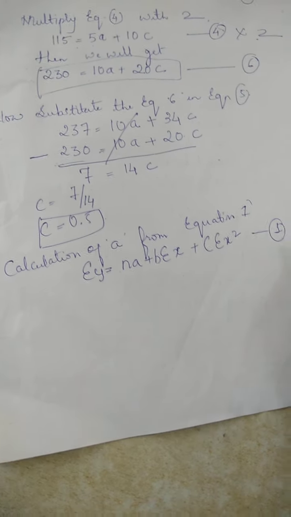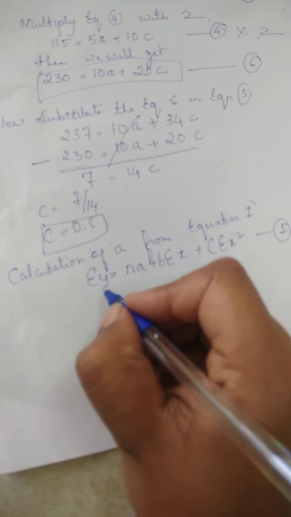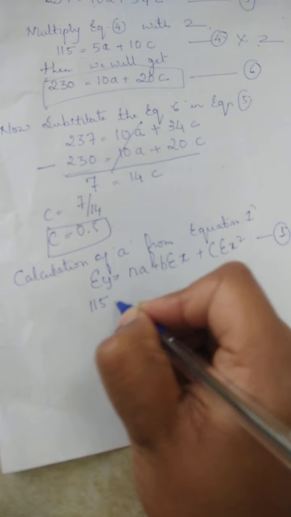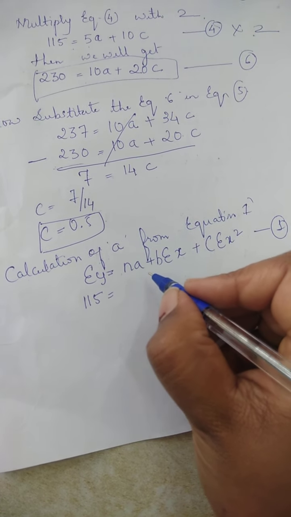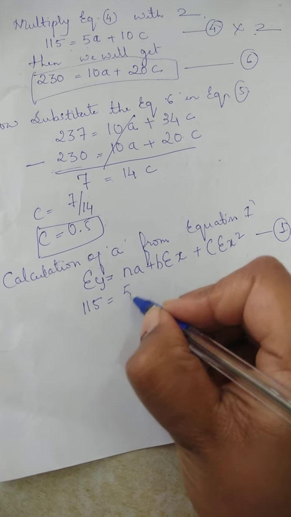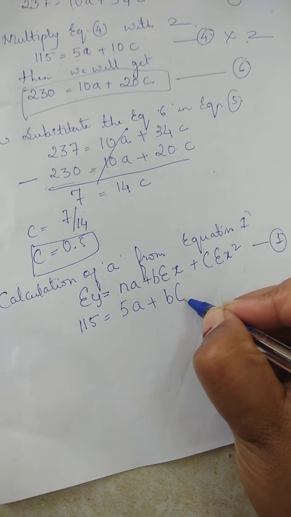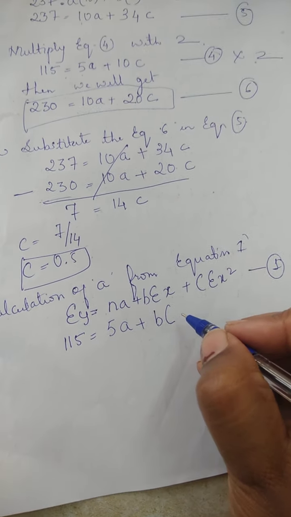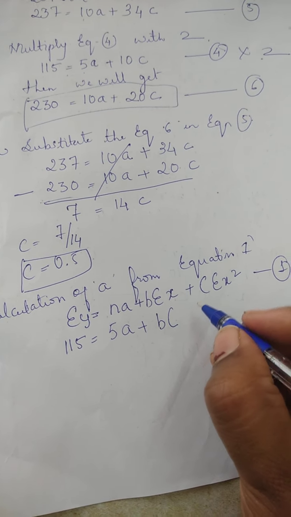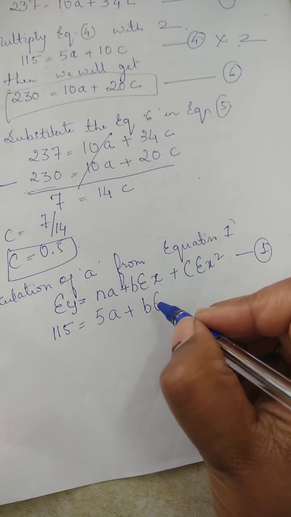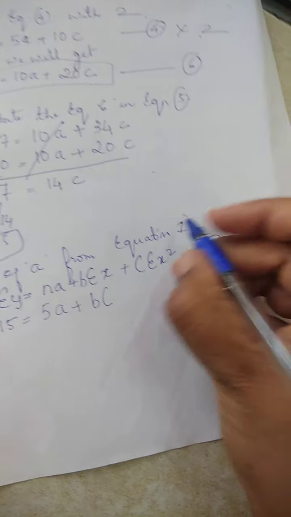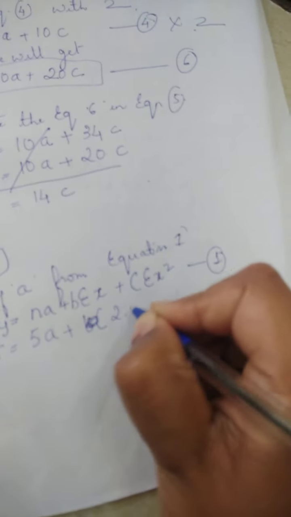So this is equation 1. Now substitute the values. Summation y is 115, which is equal to N is 5, a we don't know, plus b summation x. The b value we know. What is the b value? b is 2.5. Yes, 2.5.